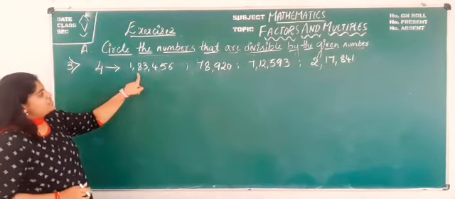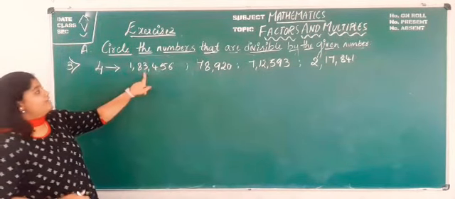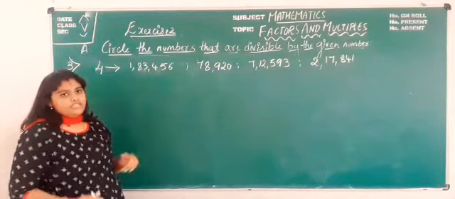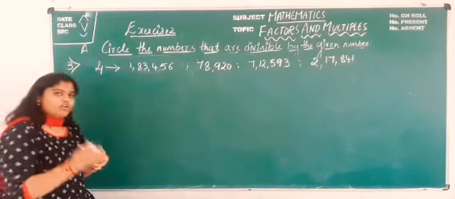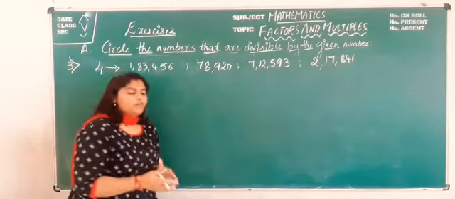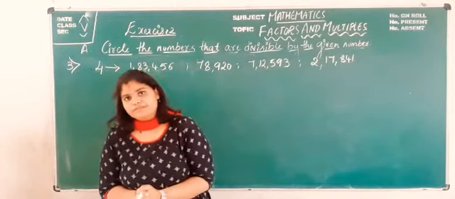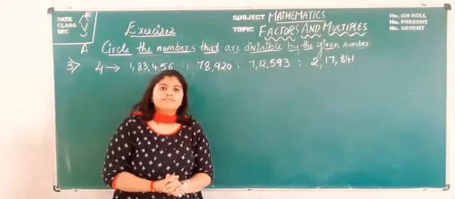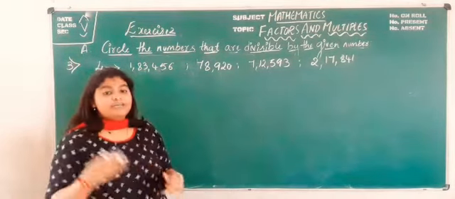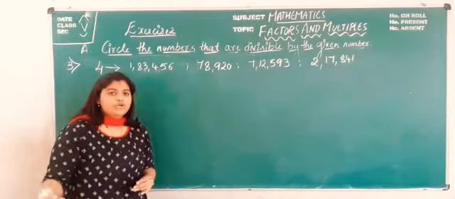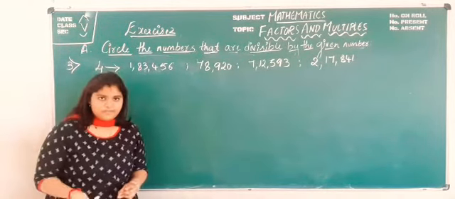First we shall take 1,83,456. Now we shall check whether the first number is divisible by 4 or not. Before going to that, what is the divisibility rule for number 4? Yes, in the given number, the last two digits should be divisible by 4. Then only the given number will be divisible by 4.